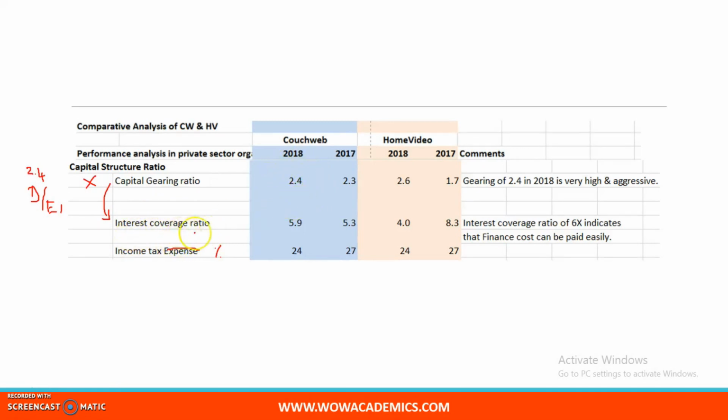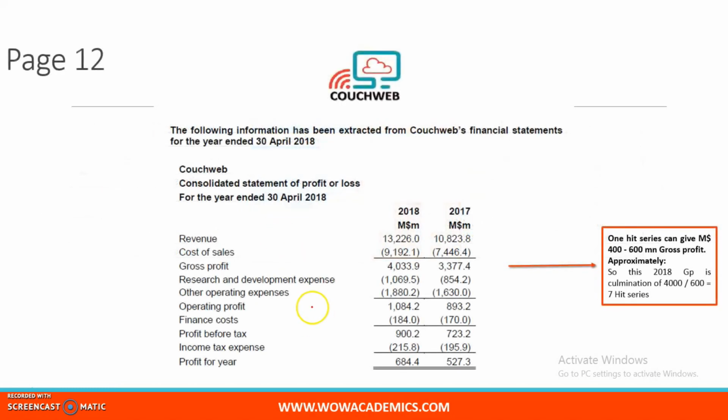Interest coverage ratio tells us the ability of the company to repay its interest. If you take the financial numbers, I'll just quickly show you how I've computed it. The numerator is operating profit 1084 divided by 184.